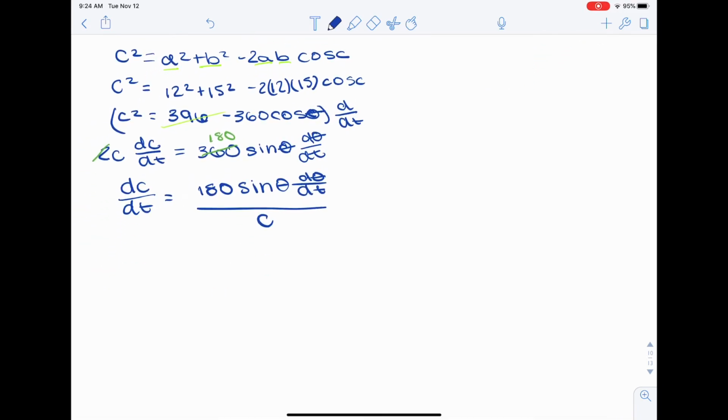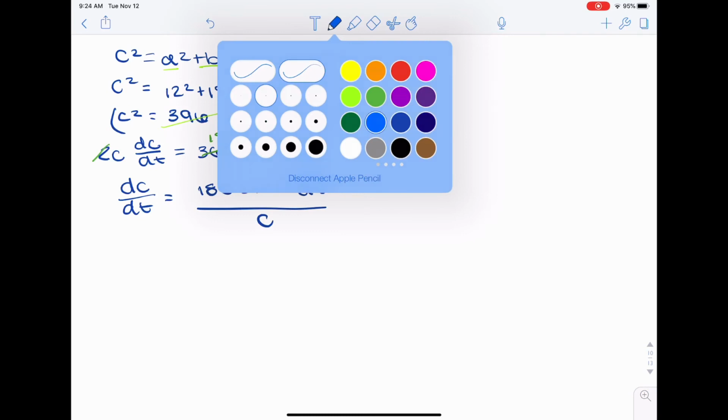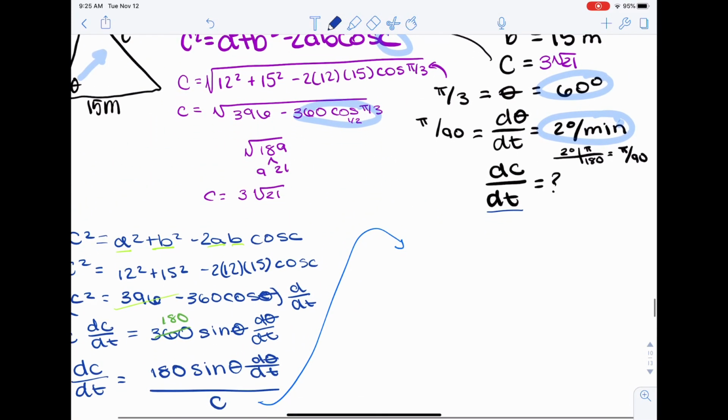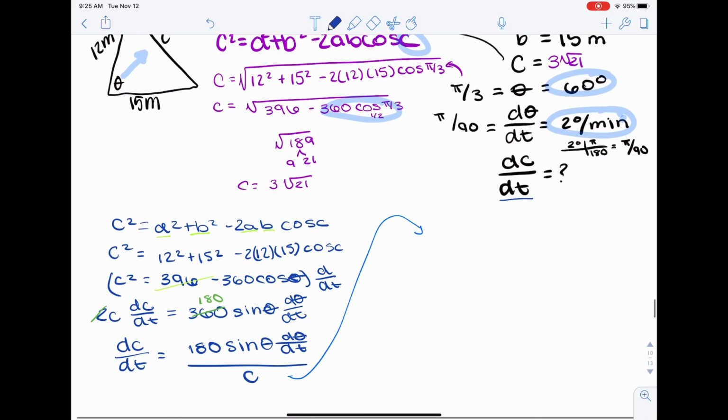All right. So now we're just going to keep on plugging things in. So I'm going to go ahead and take this problem up here so we have a little bit more room, and so we can look back at our original problem. So dc over dt is going to be equal to 180 sine of theta. So we know theta is pi over 3.